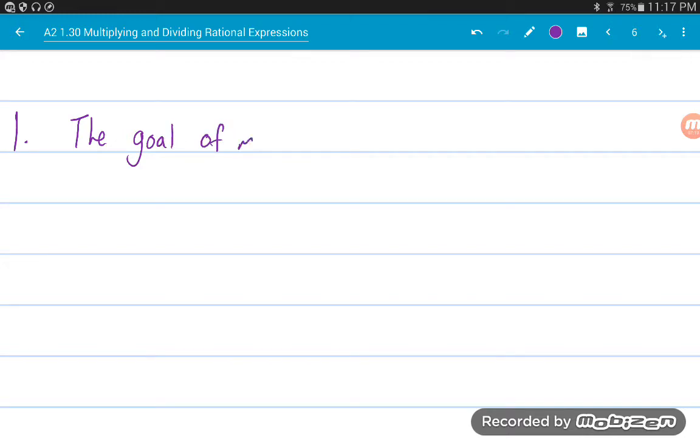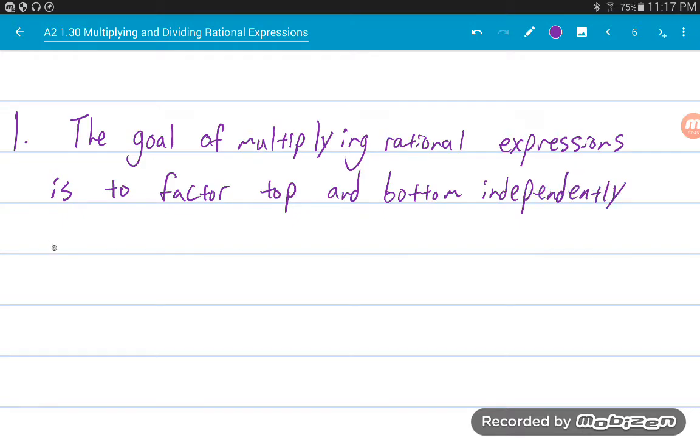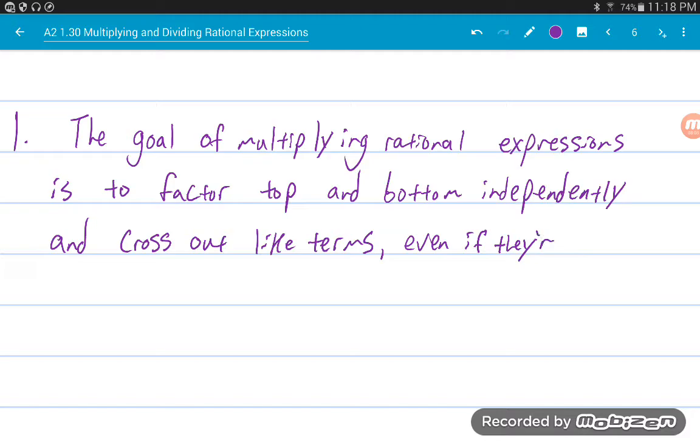The goal of multiplying rational expressions is to factor top and bottom independently, and cross out like terms even if they're across the multiplication sign.